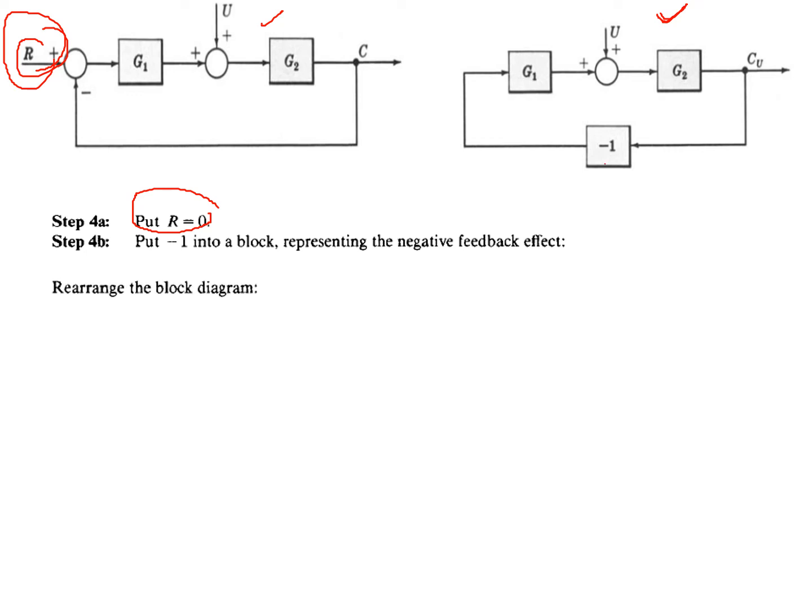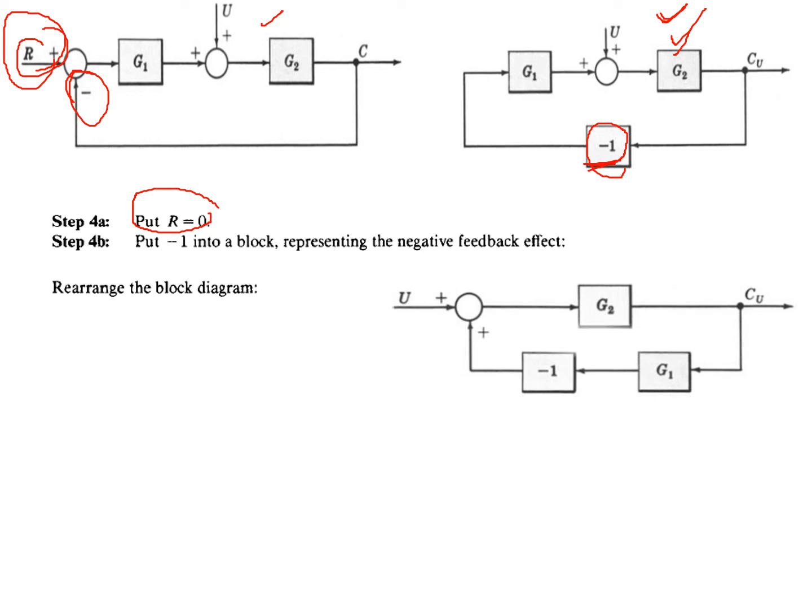Then this negative sign indicates the negative feedback. That is, this negative feedback is replaced by -1. Then we further rearrange this block diagram, and we get this one. This is the rearranged block diagram.